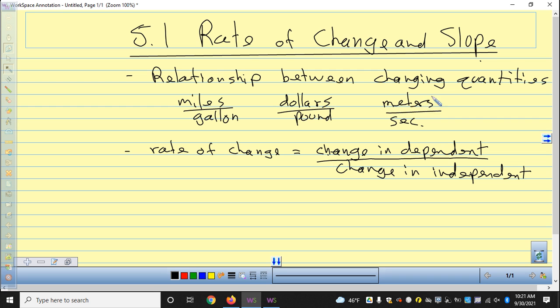So the dependent variable is meters. Meters change by 10. The amount of time that we run is 15 seconds. We get the rate of change, we get our speed, by calculating the change in the dependent variable divided by the change in the independent variable.